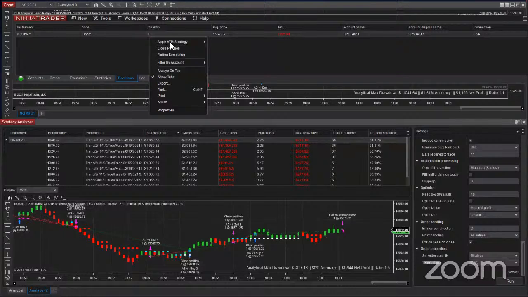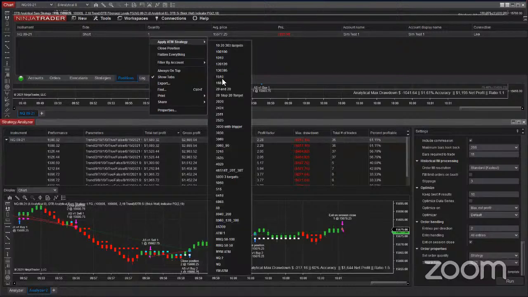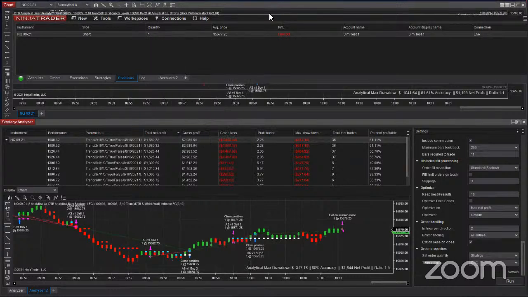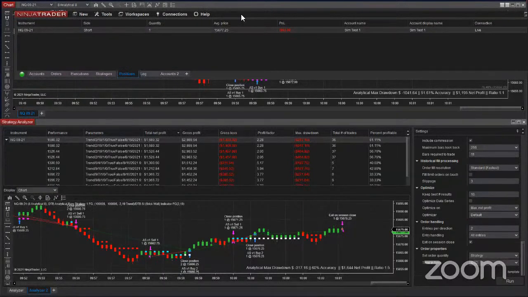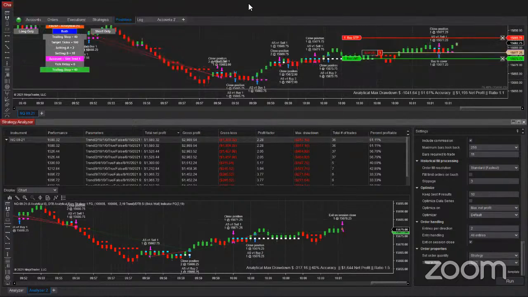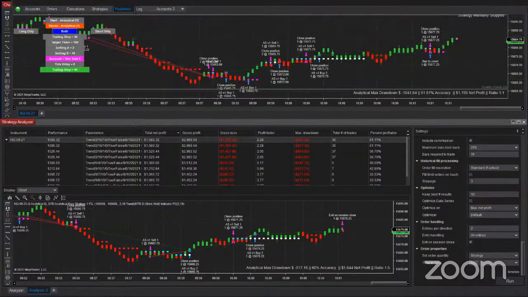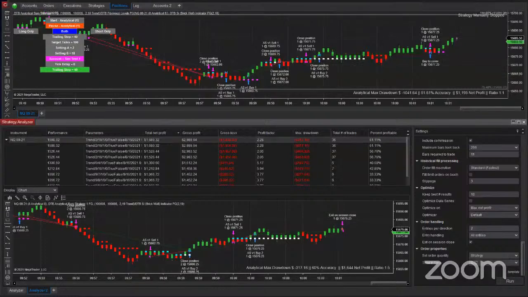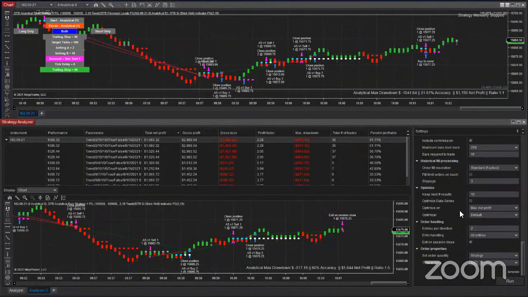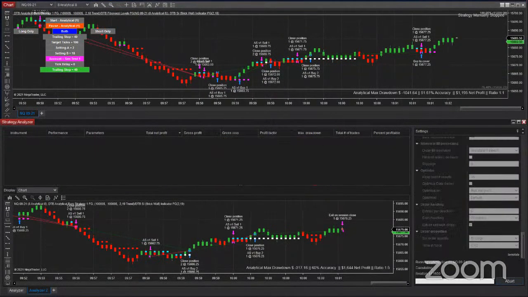So right click on it, apply ATM order, and then I'm just going to select 2424. And then what that will do is it will automatically, okay, NinjaTrader, it will automatically assign a trailing stop to that. But I have paused it. So what I'm going to do right now is I'm just going to run the strategy analyzer again.